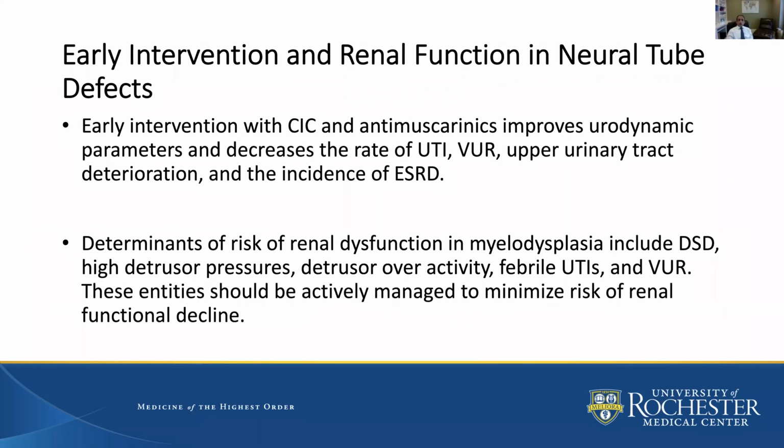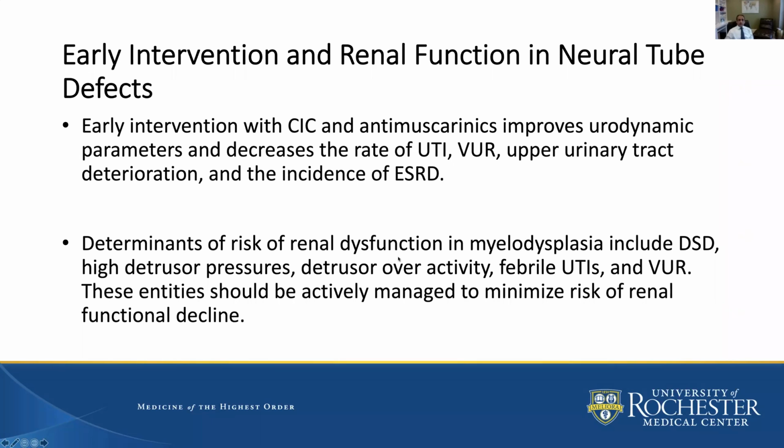Those in favor say early intervention with CIC and antimuscarinic medications improves urodynamic parameters, decreases the rate of UTI, decreases vesicoureteral reflux, and prevents upper urinary tract deterioration and the incidence of end-stage renal disease. We'll talk about the incidence of end-stage renal disease, which is a little bit controversial, whether it's truly prevented or not.